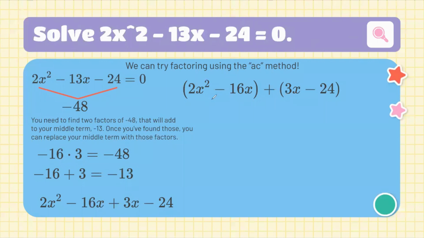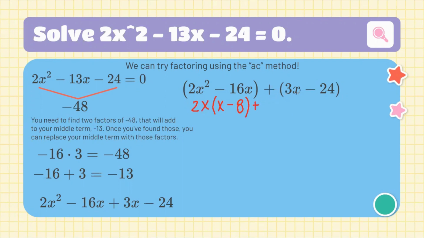Now, if you group 2x squared minus 16x, you want to find the GCF and factor it out. Remember that the GCF is the greatest common factor. So between 2x squared and 16x, that would be a 2 and an x. And if you factor out a 2x from this expression, that would give you x minus 8.